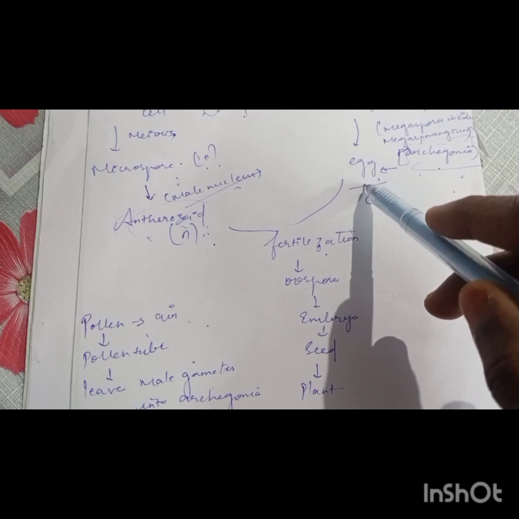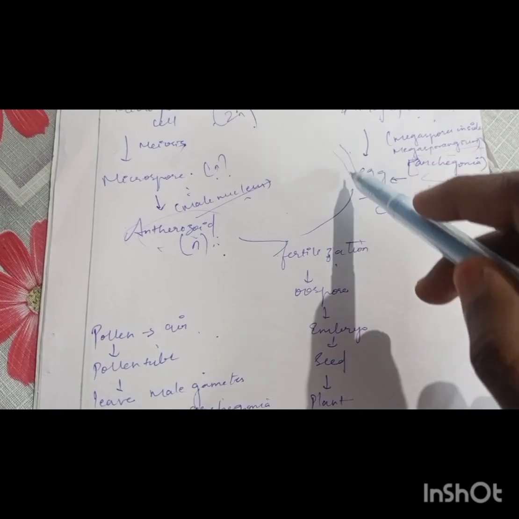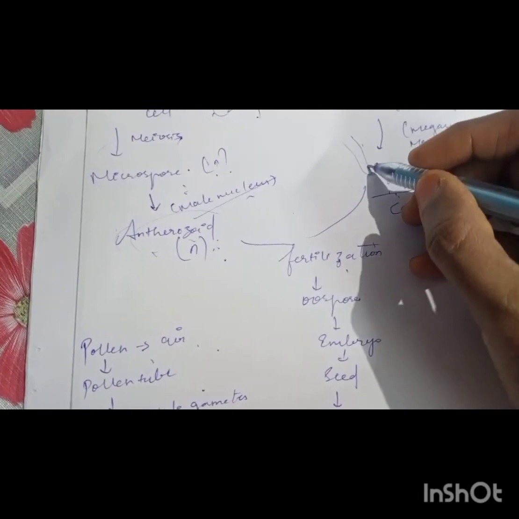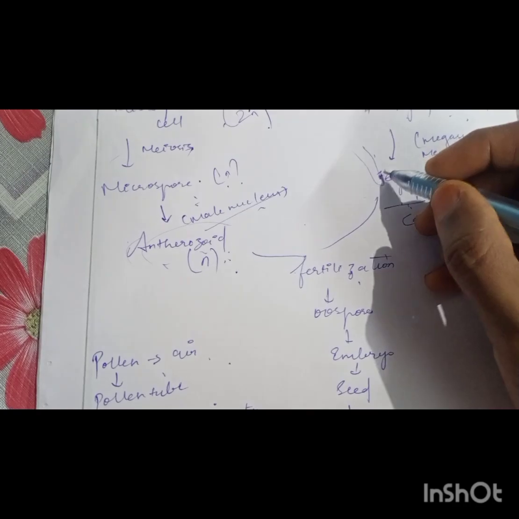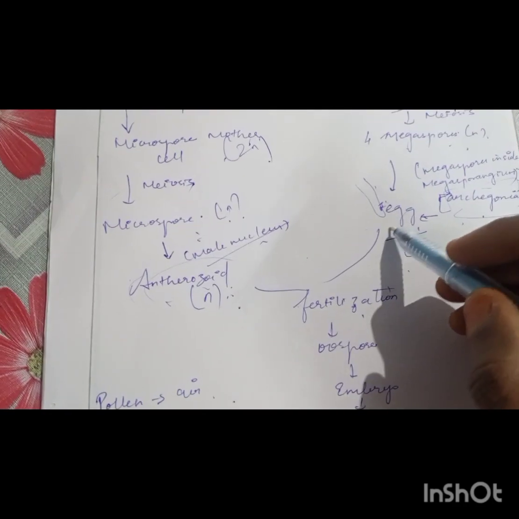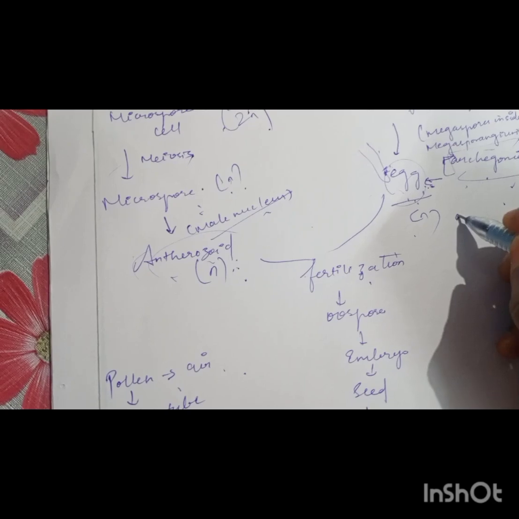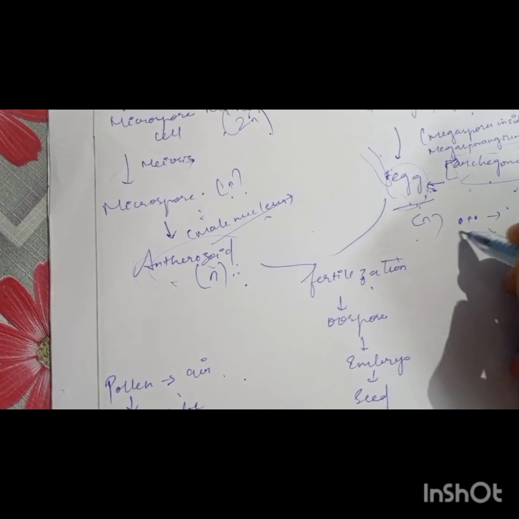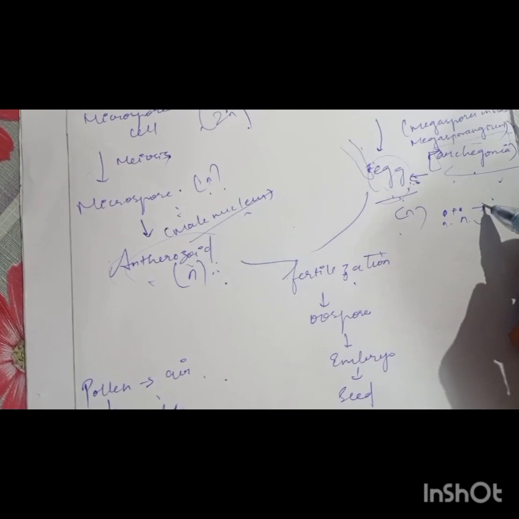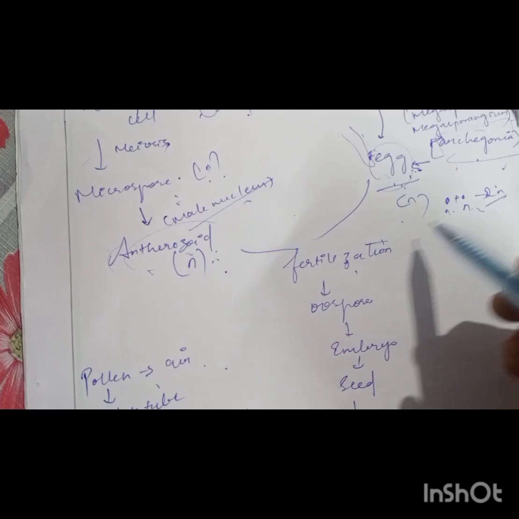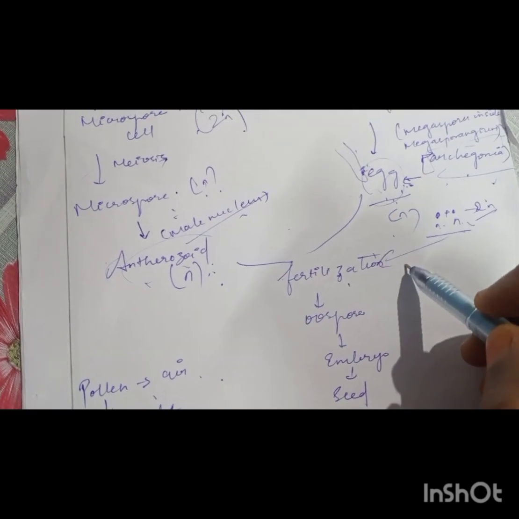The pollen tube will grow till it reaches the egg, and it will rupture and release the male nucleus near the egg. Egg also has a nucleus. Both the nuclei will fuse. So here haploid will fuse to form a diploid nucleus. So this fusion is known as fertilization.